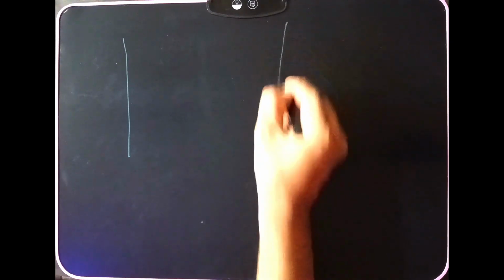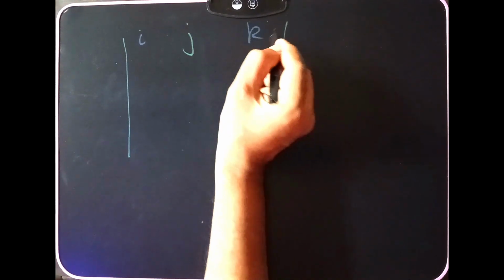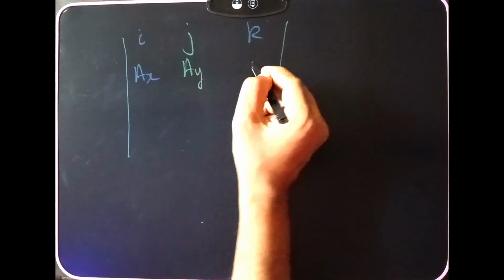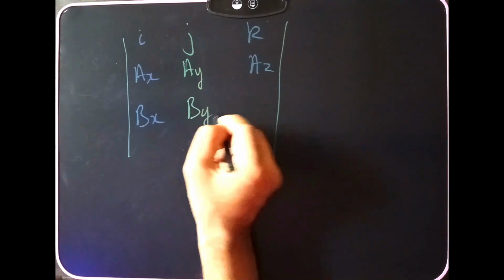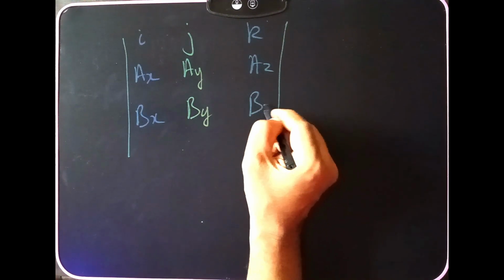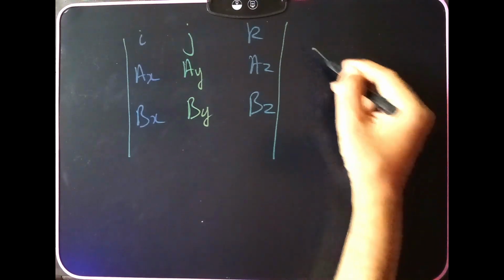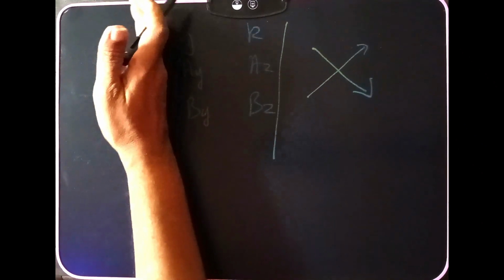Just to summarize the vector product, if we have two vectors, we draw a determinant like this: i, j, k, write Ax, Ay, Az, Bx, By, Bz. Then you always go in this fashion, from top to down and down to top, to multiply by covering this.